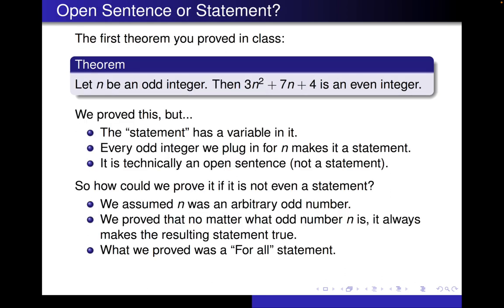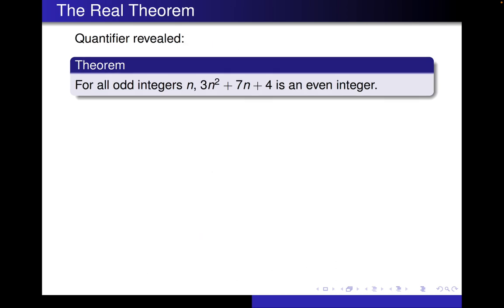There's really a hidden quantifier in there that we weren't acknowledging publicly, but we kind of understood to be true. So here's the real theorem if you wanted to write it with the quantifier out in the open where everyone can see: for all odd integers n, n squared plus 7n plus 4 is an even integer.